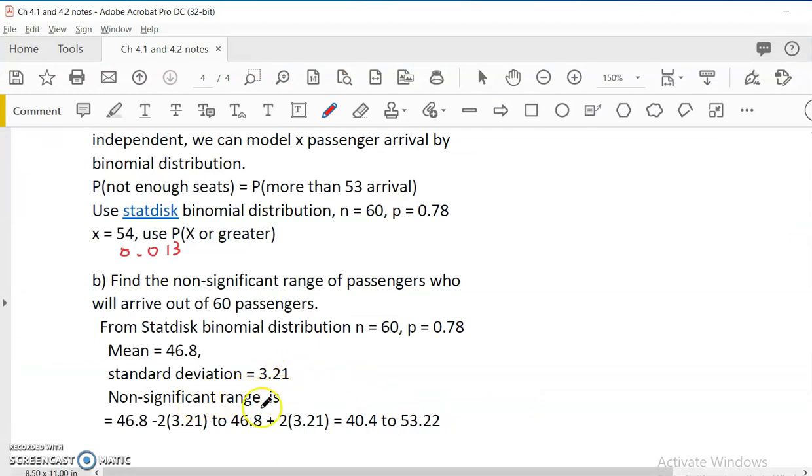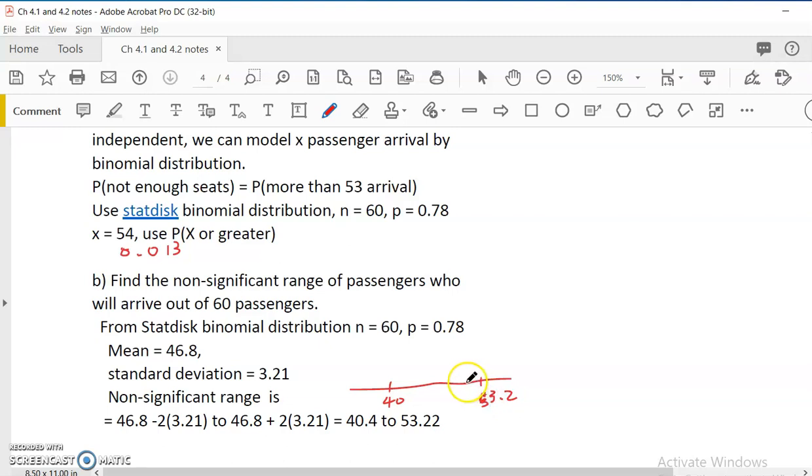So the non-significant range is 46.8 minus 2 times the standard deviation to the mean plus 2 times the standard deviation. That is 40 to 53.2. So if you book 60, the number of customers who come can be as low as 40 and as high as 53. So 53 is still normal.